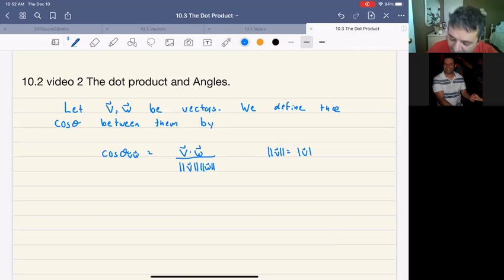I wrote two lines here. That's really the same. Another thing to keep in mind is you could also write it like that without the arrow. I don't really like that notation for this class because it's a little bit too subtle. In the book, though, they might write it, for example, with boldface when they're talking about the vector, and then not boldface when they're talking about the magnitude of the vector.